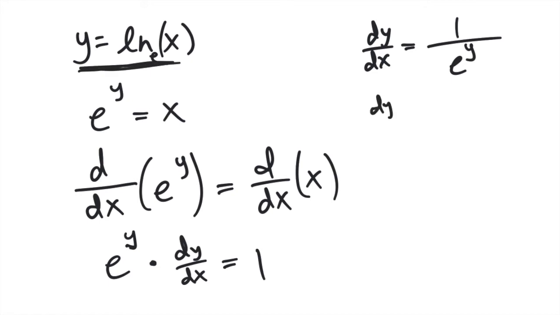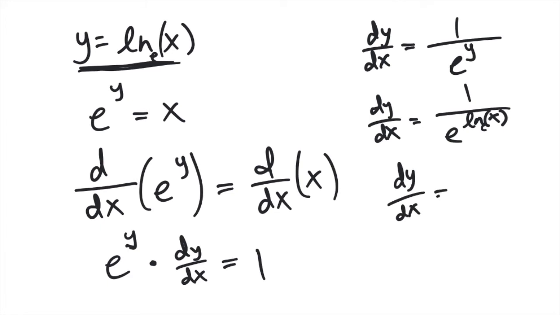So dy dx is equal to 1 over e to the natural log of x. And you might remember that, just like with the last one with a different base, e and the natural log, because the natural log has a base of e, undo each other there, and you're just left with dy dx equals 1 over x.